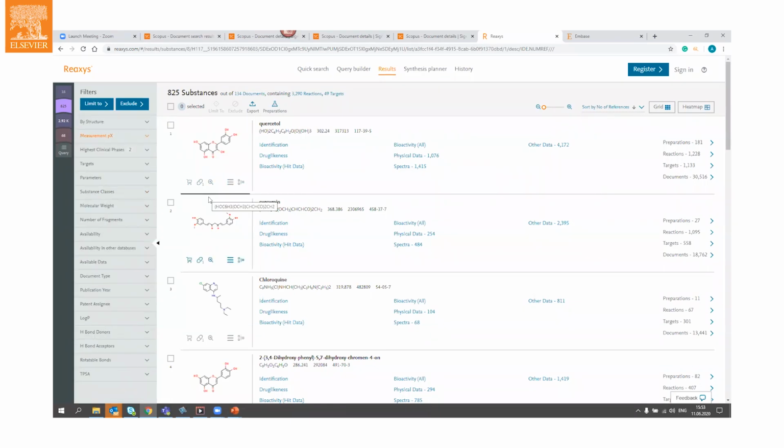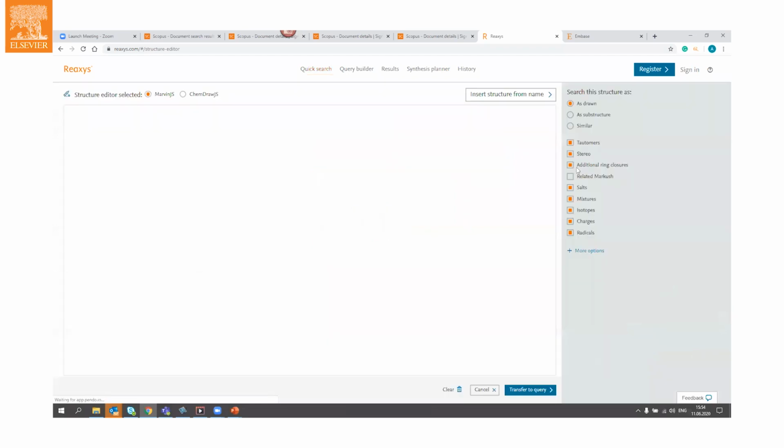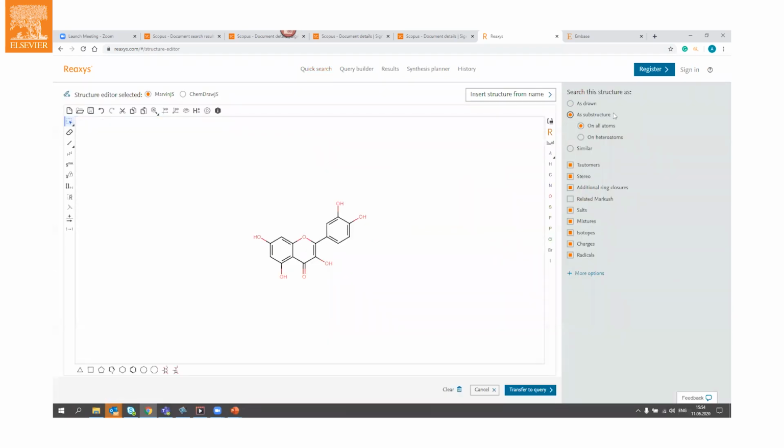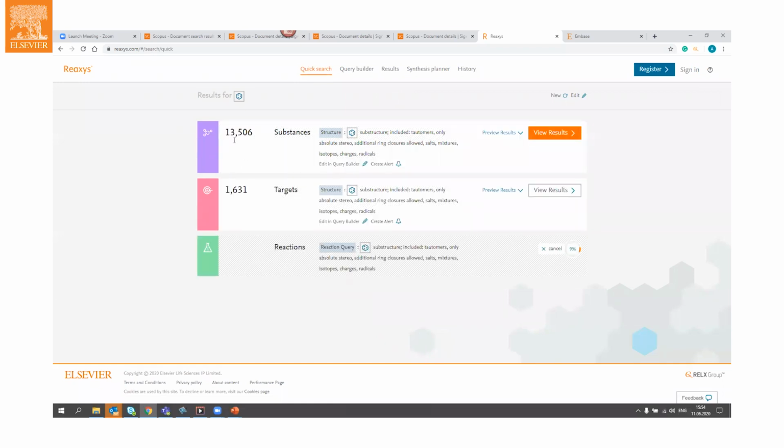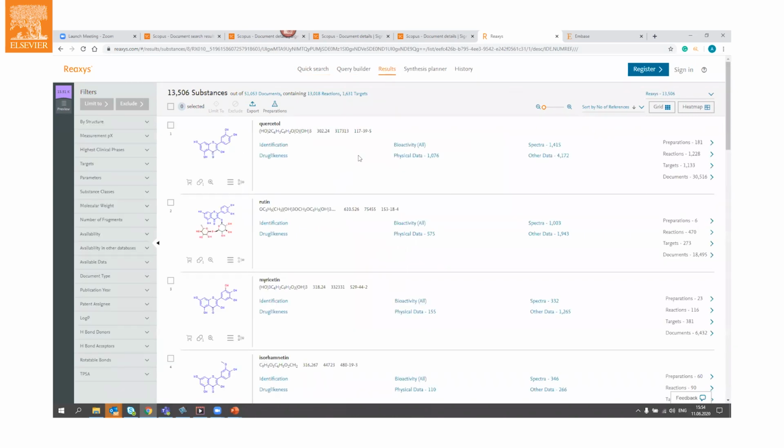Right now, we see only the bioactivity of viral proteins, but we want a heat map of all proteins, including human proteins. How can we get this information? From over there, from quercetol, we copy the structure to query. It appears over there, and we select here all substructure. It means all derivatives of quercetol. Transfer to query, make the search, and we will find 30,000 derivatives of quercetol, which is quite a big target.